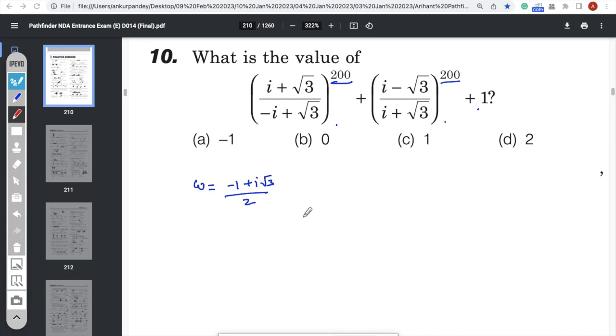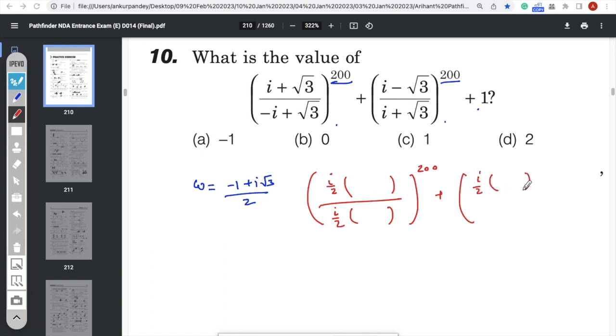If I want to make this look like omega, then I will have to send i by 2 in the numerator, and as I just can't do it in the numerator, I have to send i by 2 in the denominator as well. Right or not? See, it is looking like omega but not complete.